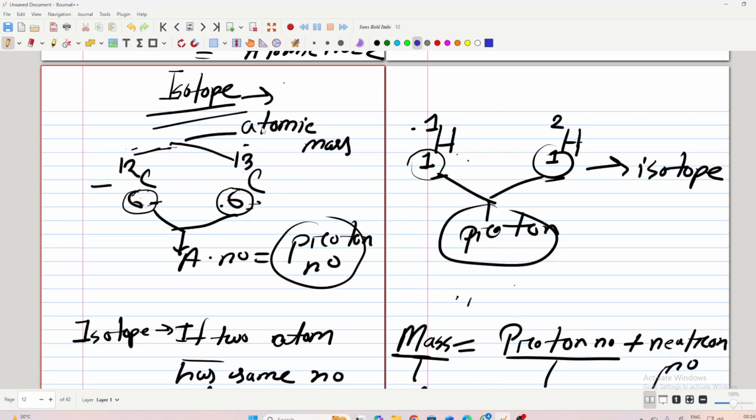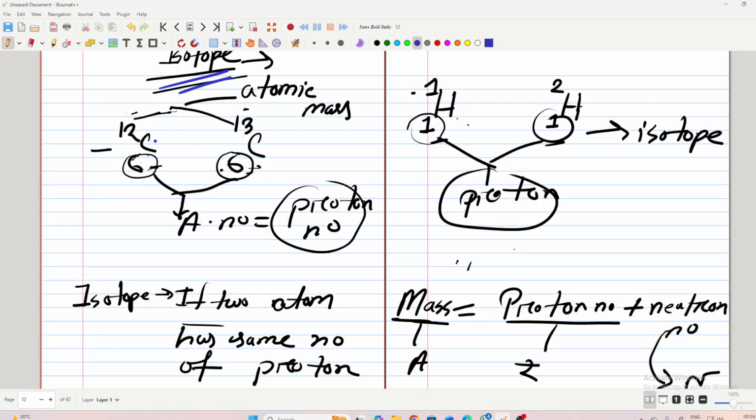Then we have learned what an isotope is. If two atoms have the same number of protons, they are called isotopes. This carbon has proton number 6 and this carbon has proton number 6.